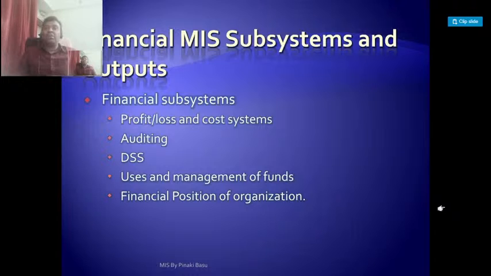So let's see what financial MIS is, and the subsystems and outputs. Output we already know. Let's see some of the terms of financial subsystems available in finance: profit and loss and cost system. Obviously, profit and loss and cost systems will interest only financial accounting or accounting managers.